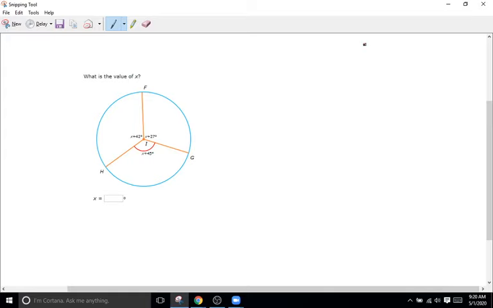We know that all three angles have to add up to 360. So we'll start with x plus 42 plus x plus 27 plus x plus 45 equals 360.